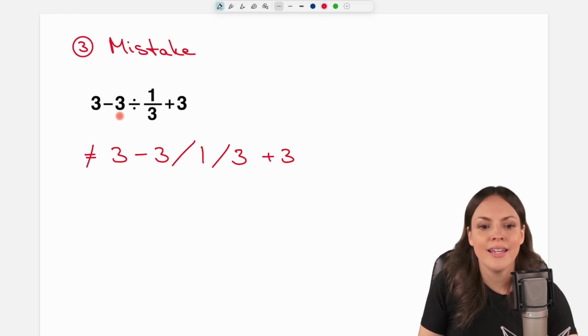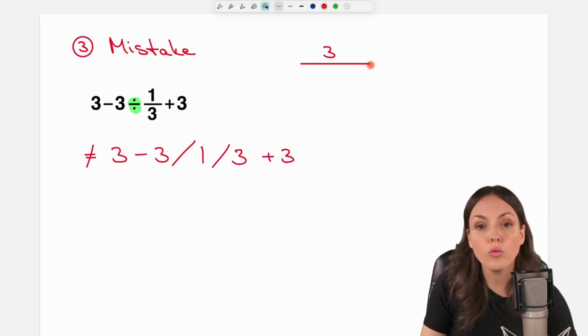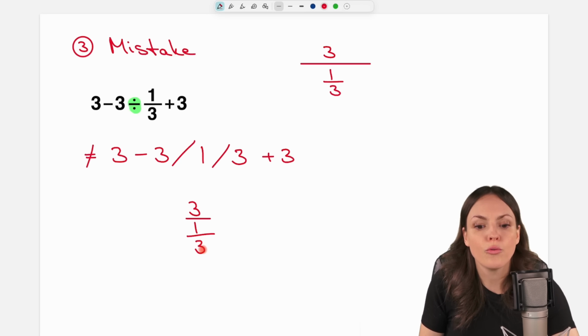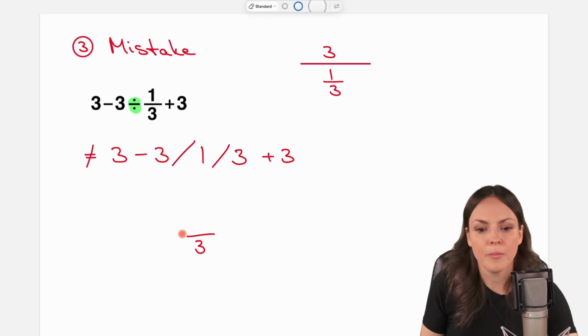Why? Here we have 3 divided by 1/3. So we can write it as 3 over, and then we have a fraction in the denominator, which is 1/3. The way this is written here is just 3 over 1 over 3. There is no fraction, no order, no anything.